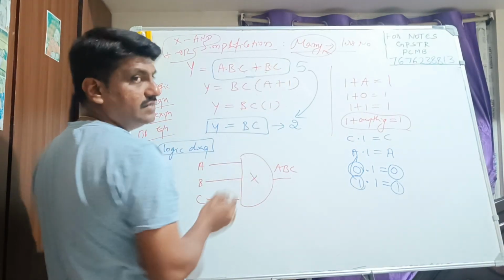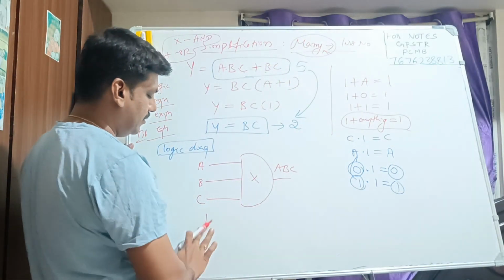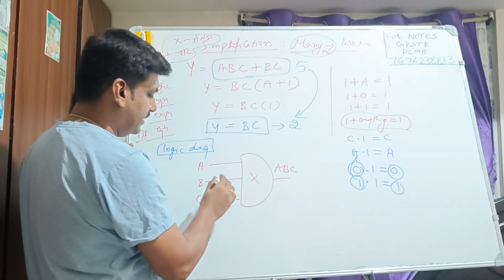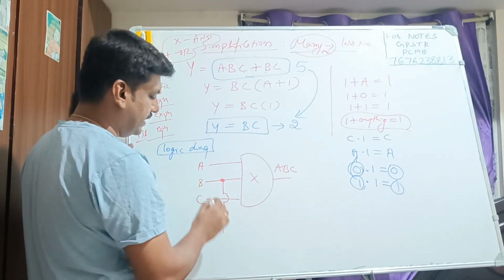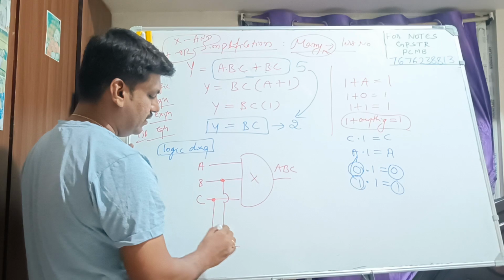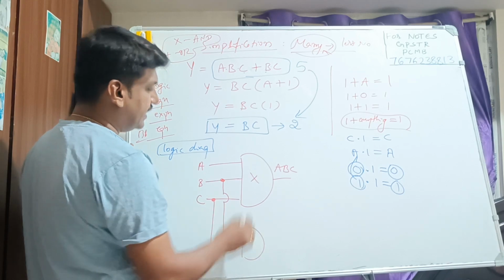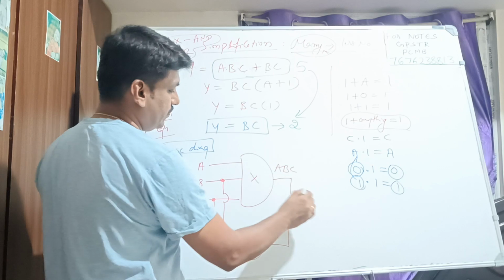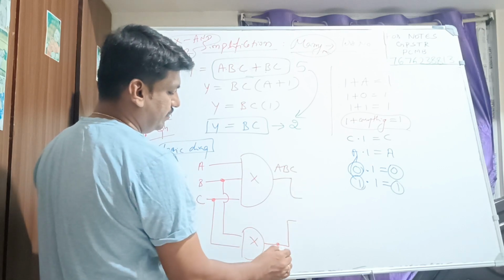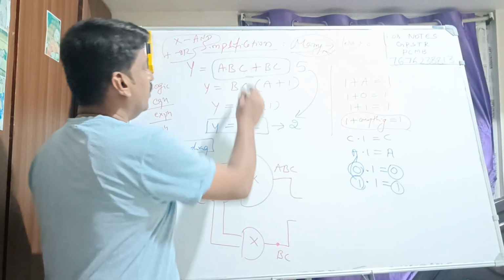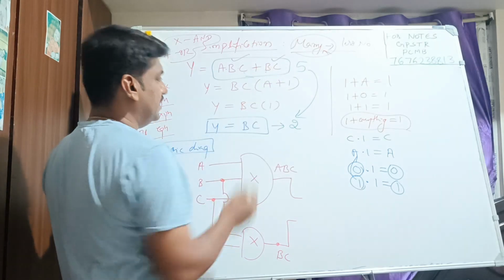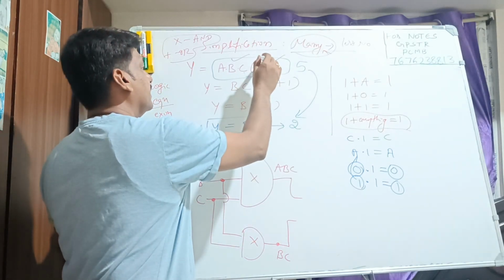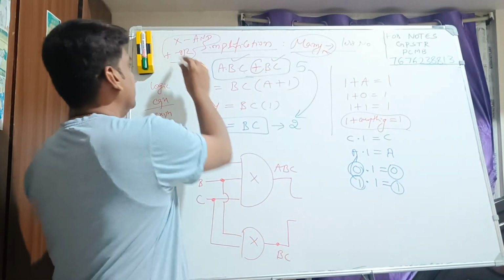Next, look at BC. Between B and C, multiplication is there. B is already here, so I take one B from here and one C from here. Between these two, again multiplication, so you will get BC. So you got ABC and BC. Between these two, the symbol is plus, and plus means OR gate.